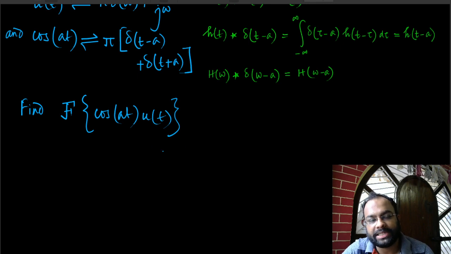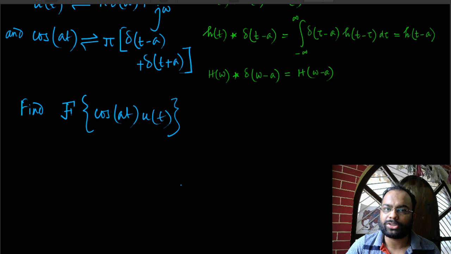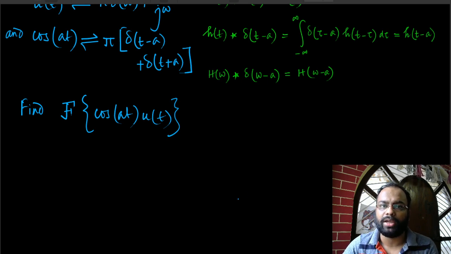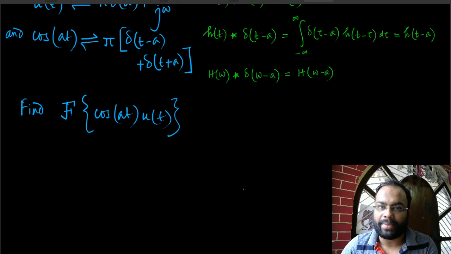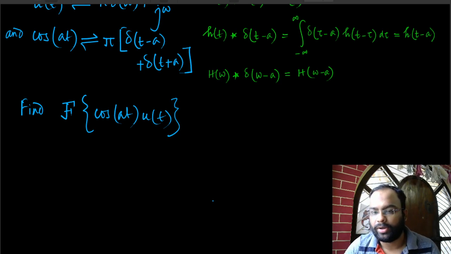So we have to calculate the Fourier transform of cos at ut. So what is cos at ut? Whenever I multiply any signal with ut, the signal becomes causal. By that I mean that the value of the signal becomes 0 when t is less than 0. That is the important thing to remember.